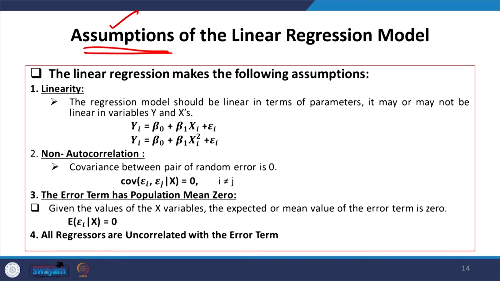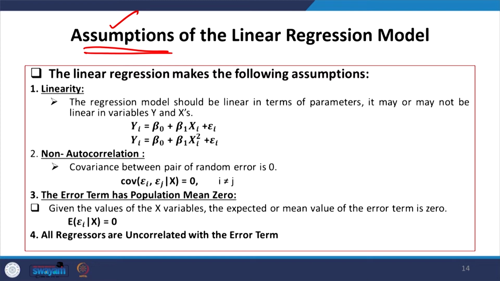The first one is called linearity. The relationship between the dependent and independent variable must be linear in its parameters, not in its variables.